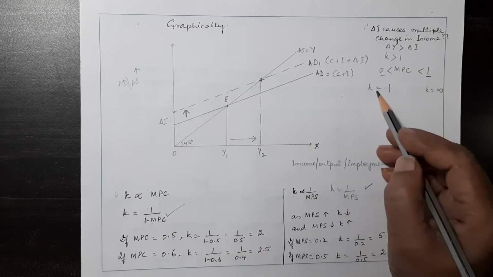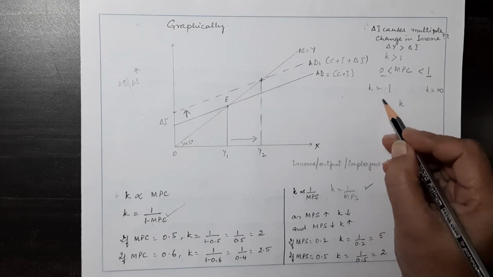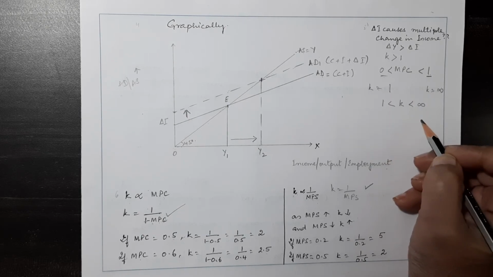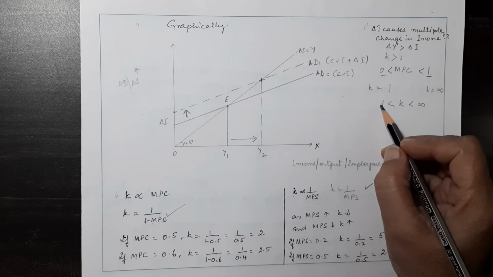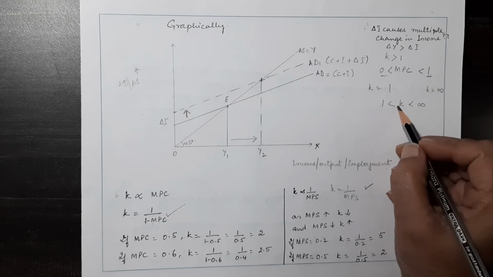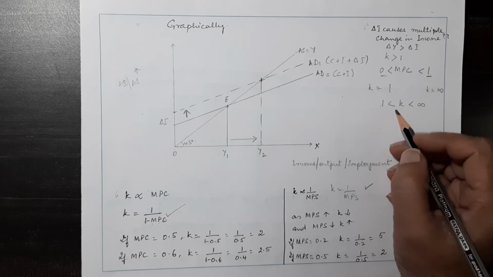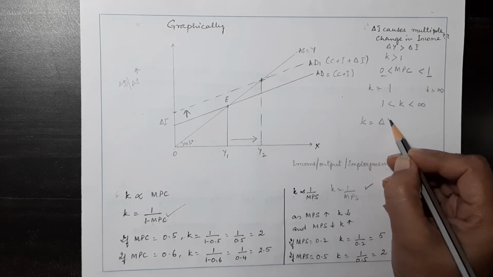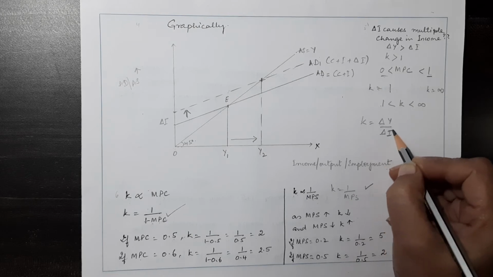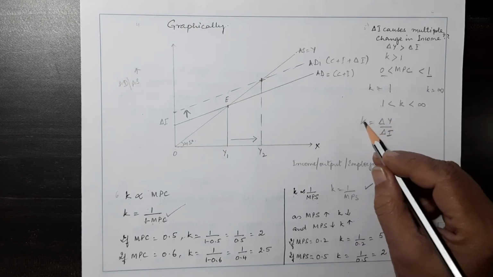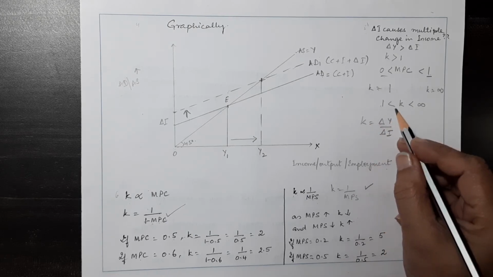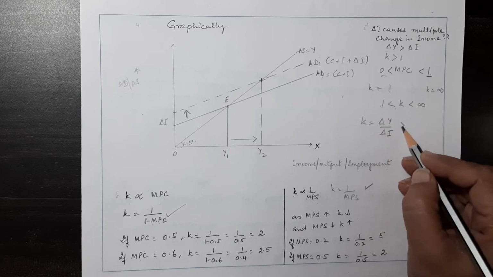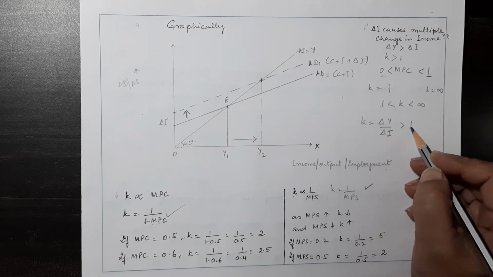So this shows that K lies between 1 and infinity. K is never less than 1. It is always greater than 1. Also, we know K is equal to delta Y by delta I. And since K is greater than 1, we can always say that delta Y by delta I is also greater than 1.